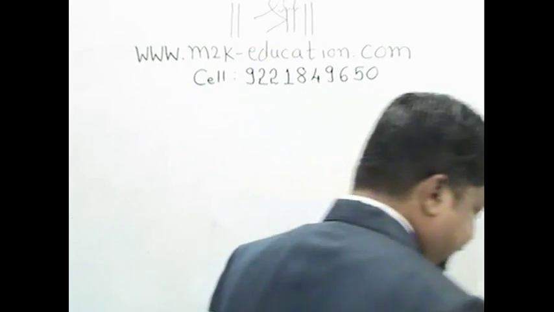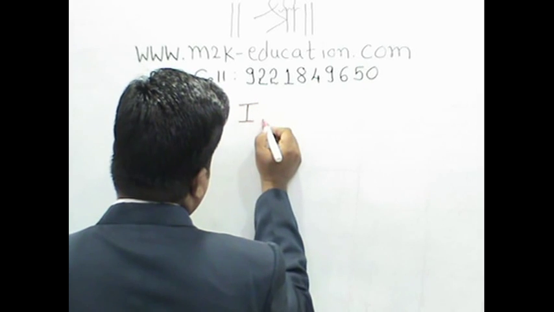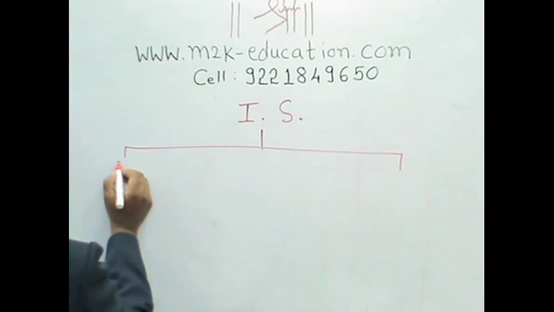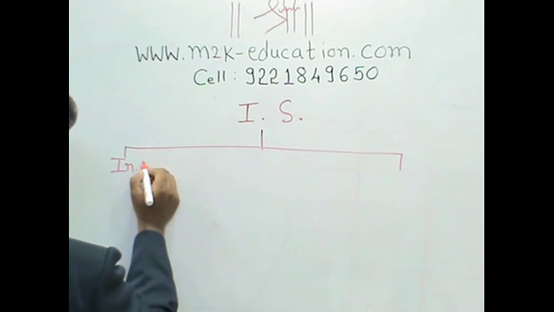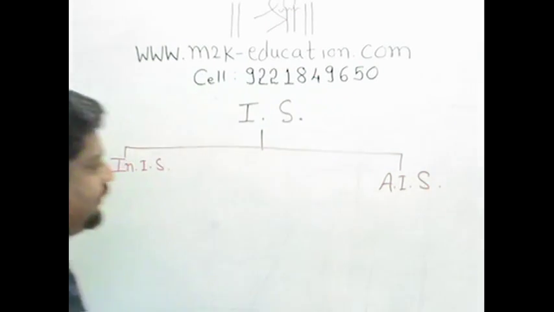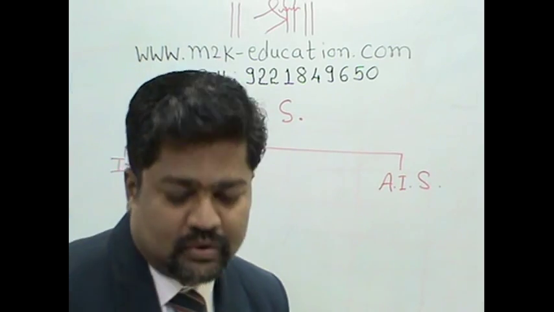So I am dividing the immune system into two parts: the first is the innate immune system, and the second is the acquired immune system. Innate immunity is the natural immunity present in our body, whereas acquired immunity we have to acquire as life proceeds.